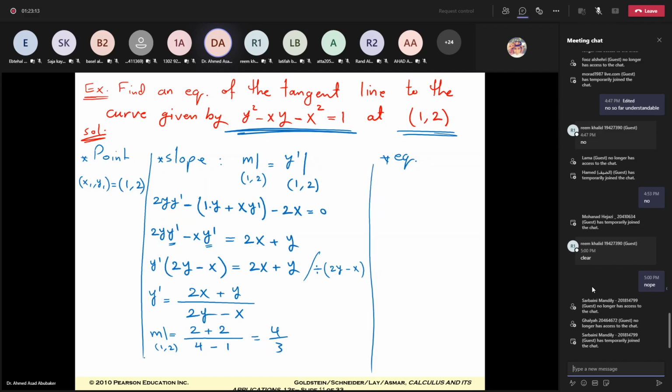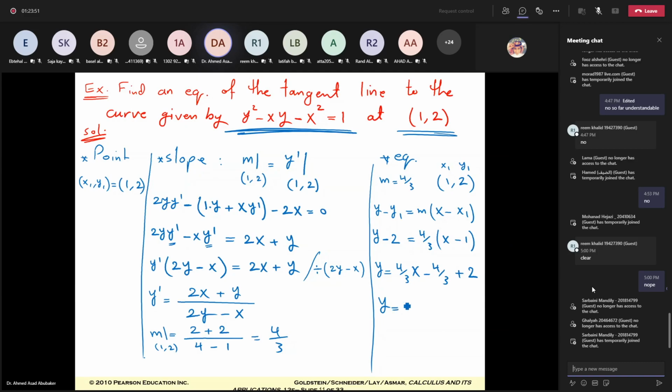Now we can write the equation. The slope equals 4 over 3 and the point is (1, 2). This is x1 and y1. y minus y1 equals m times (x minus x1). So we have y minus 2 equals 4 over 3 times (x minus 1). y equals 4 over 3 x minus 4 over 3 plus 2.